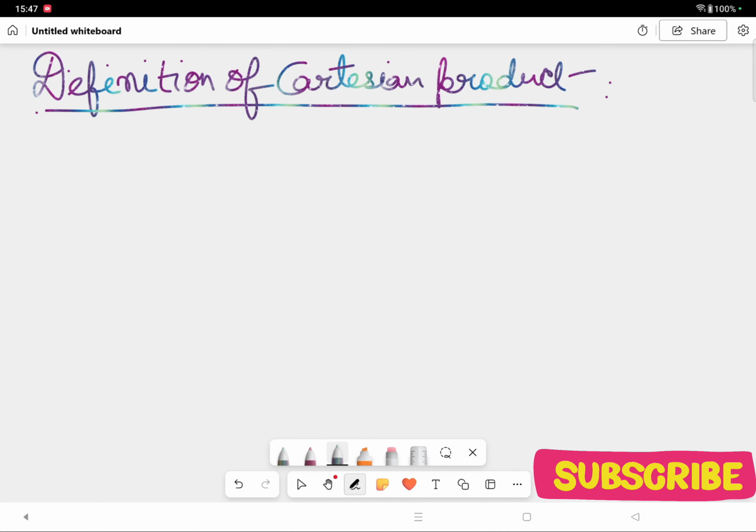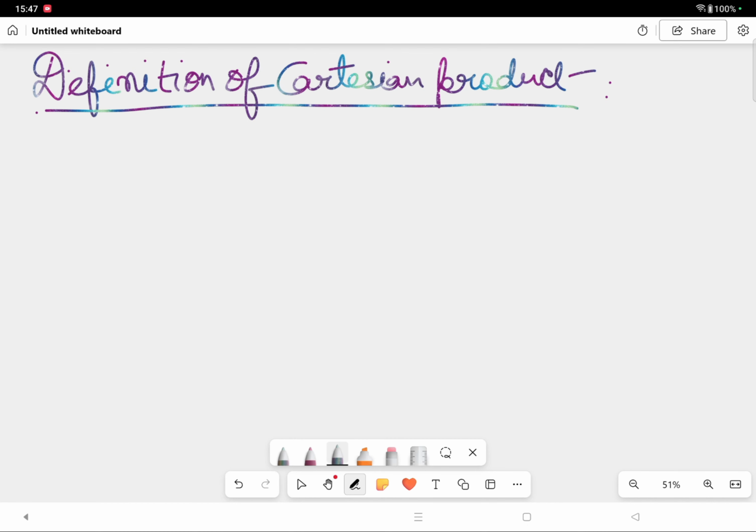Now before going to the properties, let's have a concrete definition of Cartesian product. Suppose again, A and B are two sets.